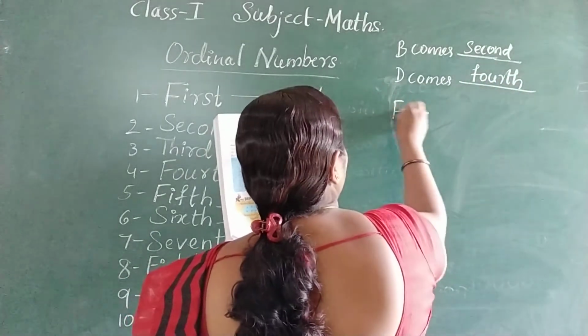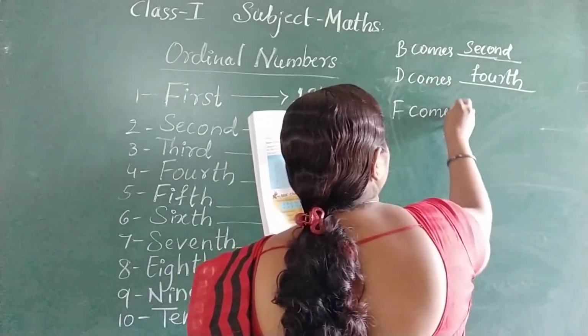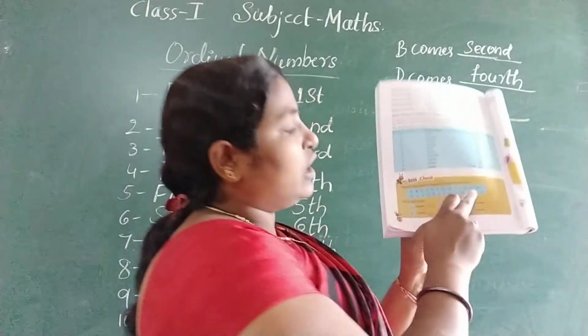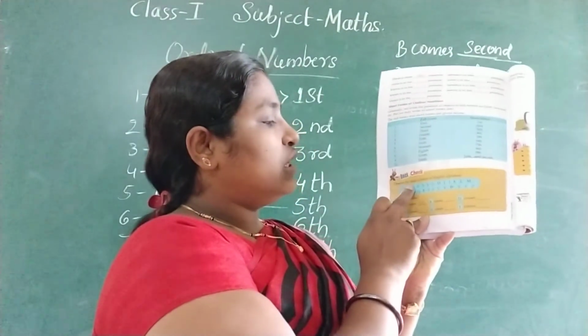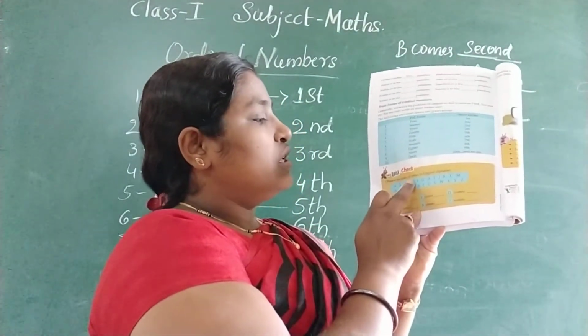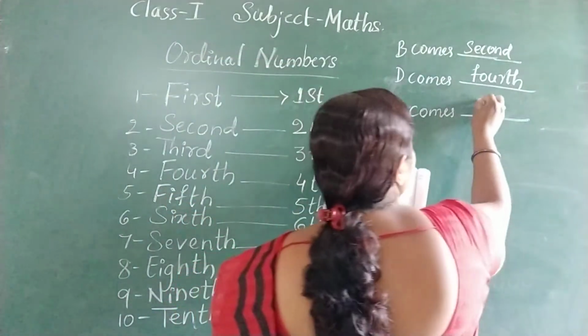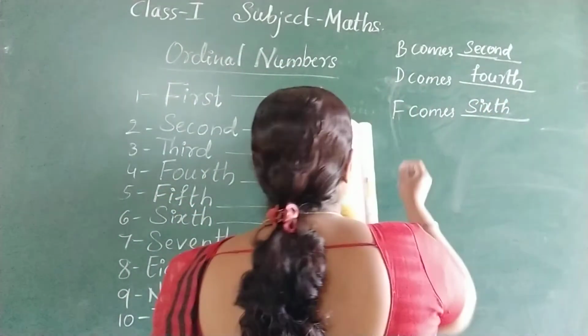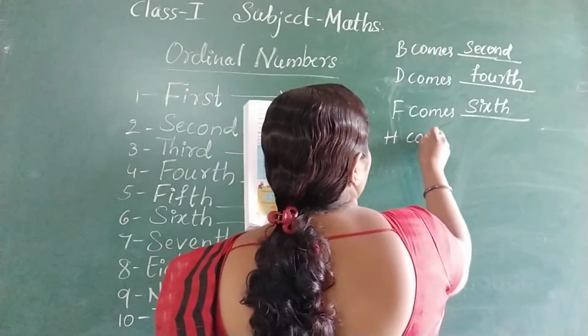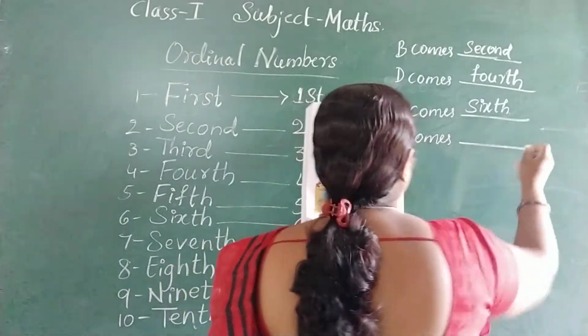Then F comes. So here is the alphabet. You can read it. 1st, 2nd, 3rd, 4th, 5th, 6th. So F comes in 6th position. Next H comes.